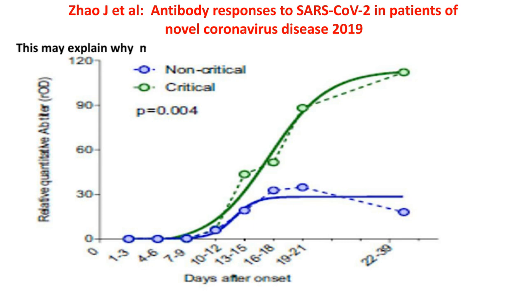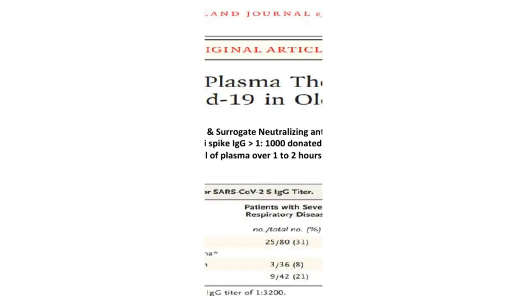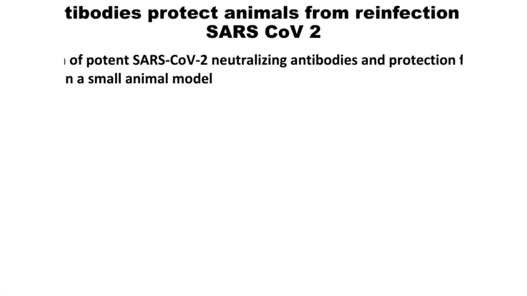This might explain why many convalescent plasma trials gave different results if they did not measure the neutralizing antibodies, and some even failed. But it is clear that if the plasma contains high titers of antibodies, then it will be protective.